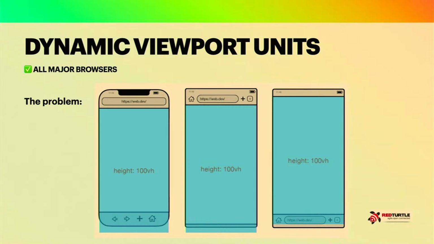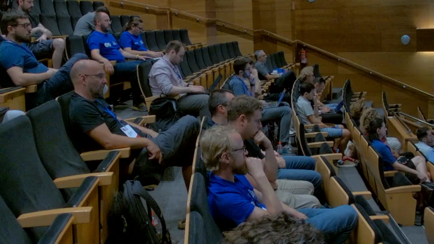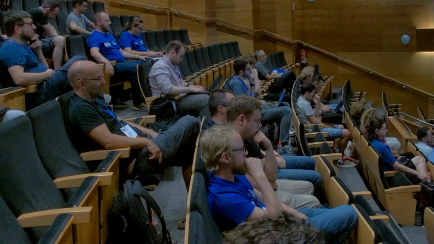There are three kinds of dynamic viewport units. So the first one is small viewport height and width, which is SVH and SVW. It is the smallest active viewport size. That means if every toolbar is showing, that's the viewport height I'm interested in.